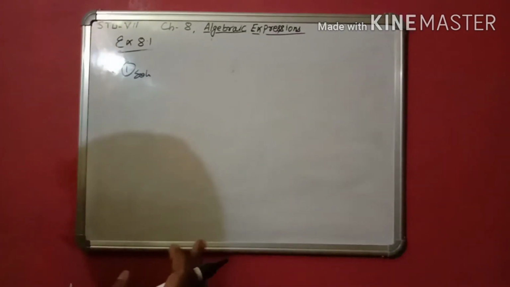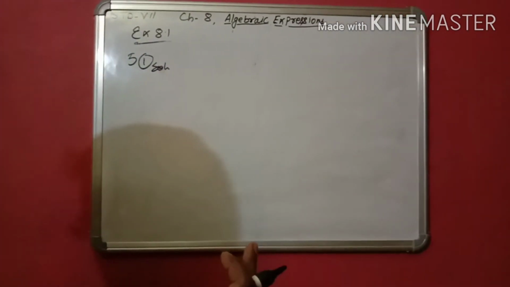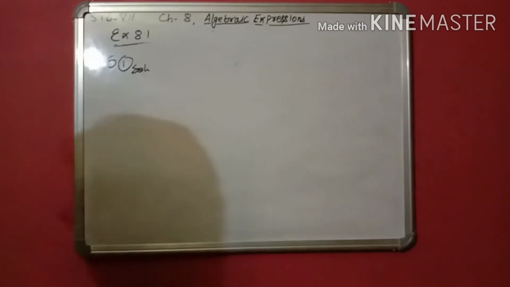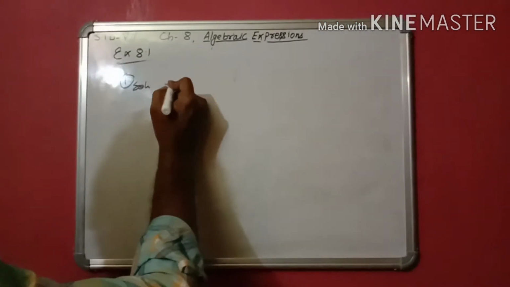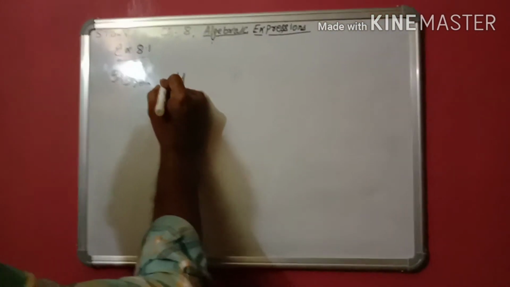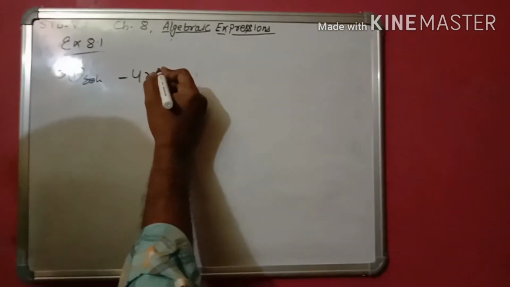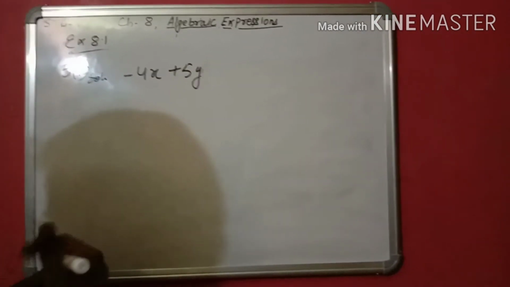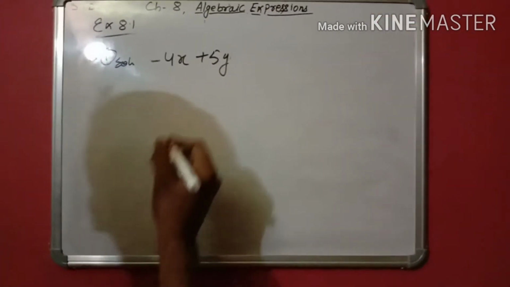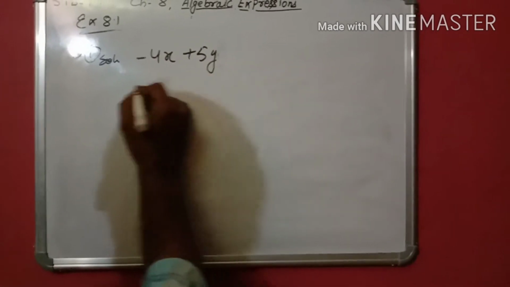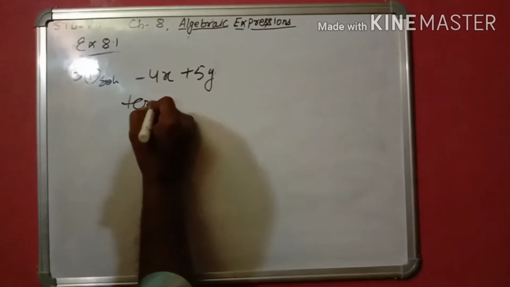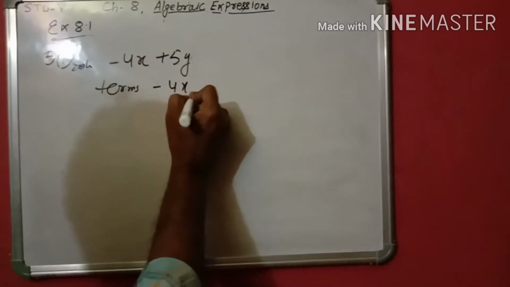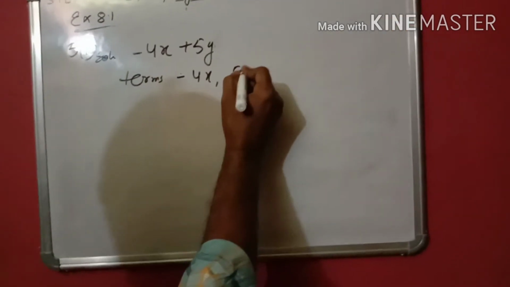Question number 5, it is given: identify the terms and their factors in the algebraic expression given below. The expression is given below: minus 4x plus 5y. So the terms are minus 4x and 5y.